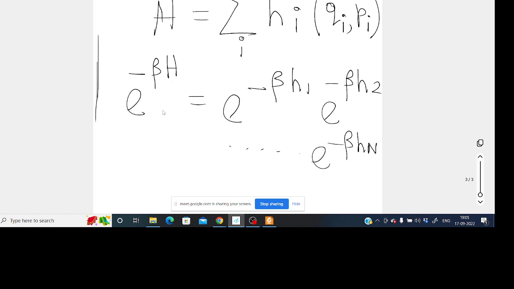For the first particle we have the Hamiltonian h1, which depends on q1 and p1. It does not depend on q2, q3 up to qn, and also does not depend on p2, p3 up to pn. This is clear?